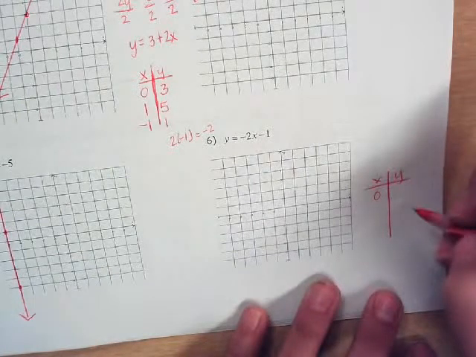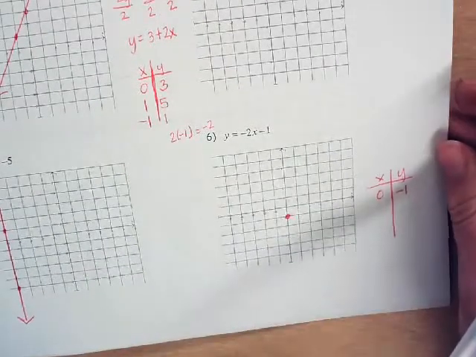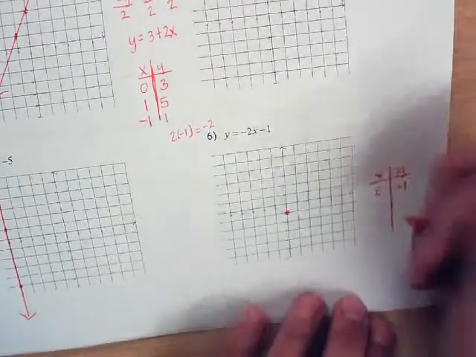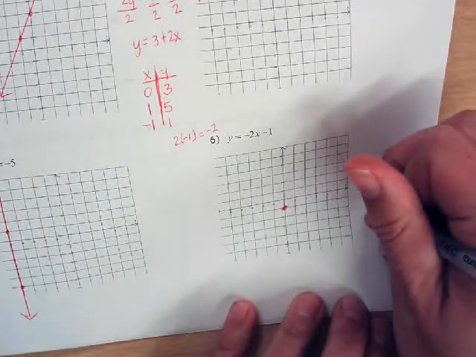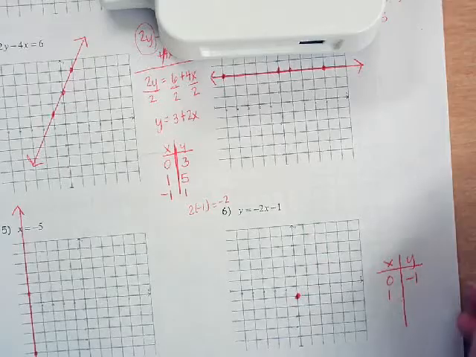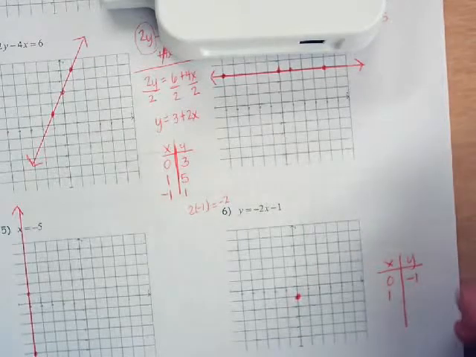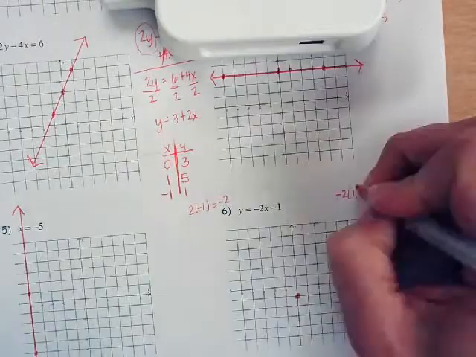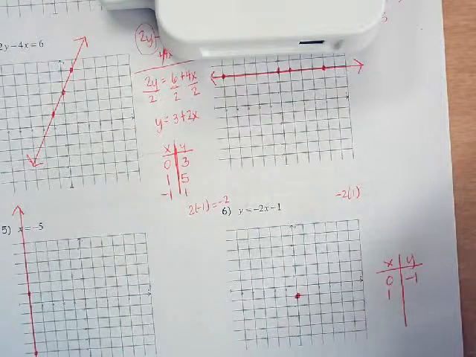Okay, and then I'm going to try the number 1. I'm going to fix this screen just a little bit. Okay, I'm going to plug a 1 in. So I have negative 2 times 1 minus 1 equals y. So negative 2 times 1 is a negative 2, and I subtract 1 from that.